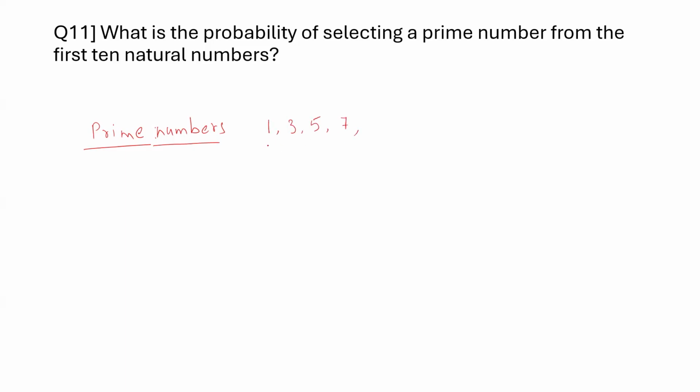These are the prime numbers out of 10. So the total is 10 natural numbers. That means you have 1, 2, 3, 4, 5, 6, 7, 8, 9, 10. These are the set of all 10 natural numbers.